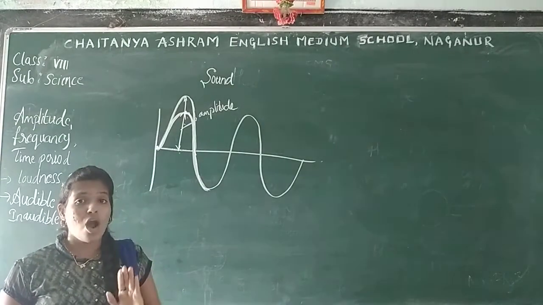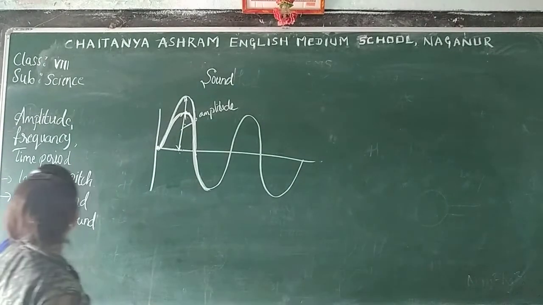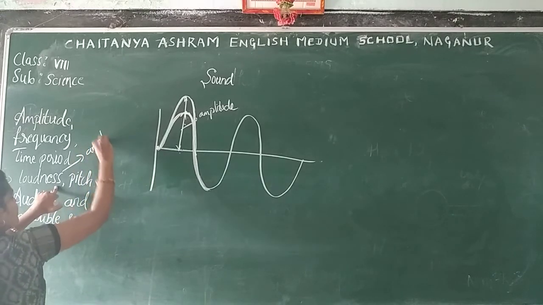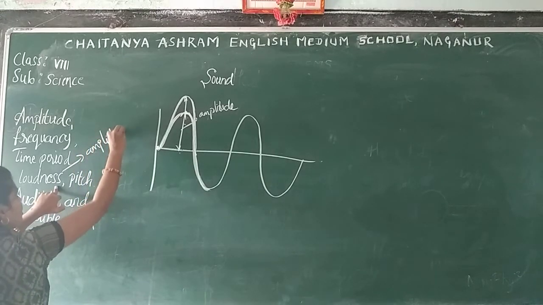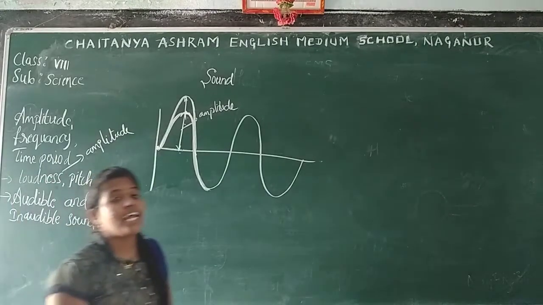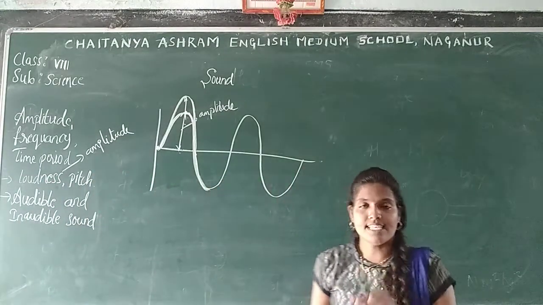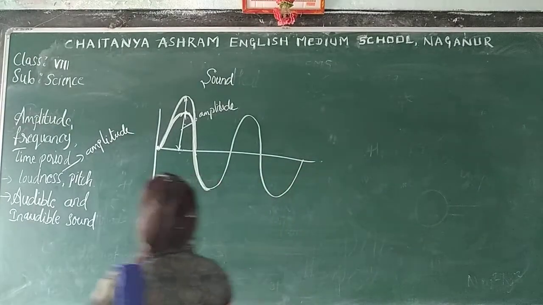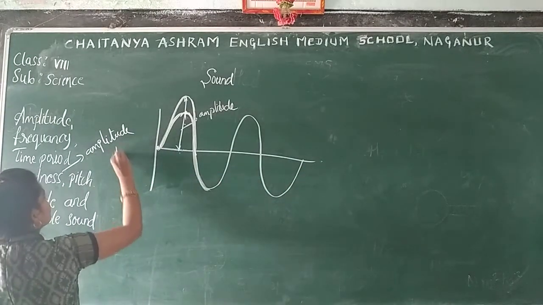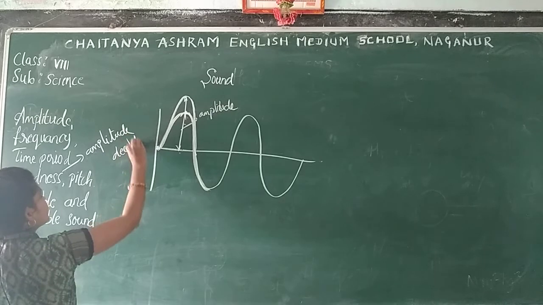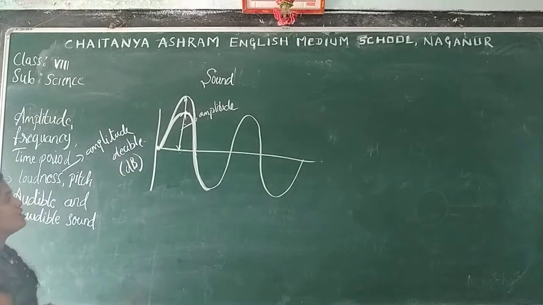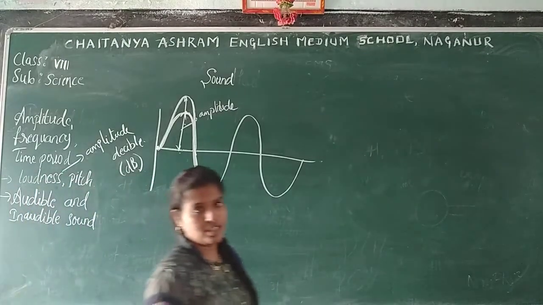So loudness depends on the amplitude. And this loudness is measured in the unit called decibel. This is the unit of sound.